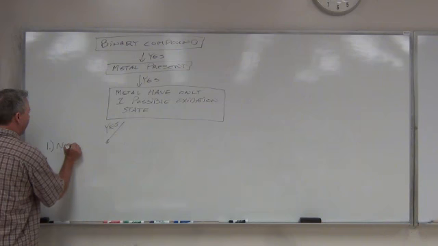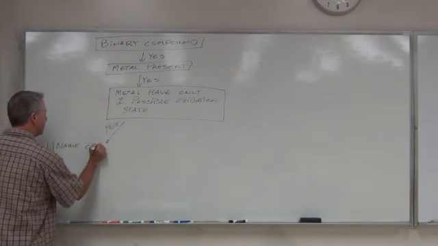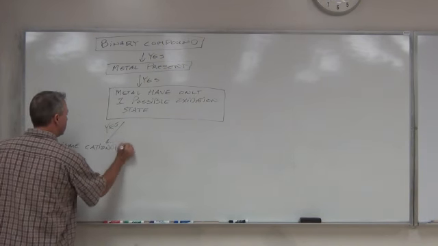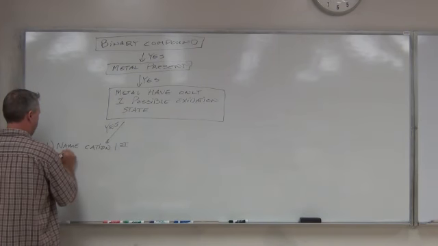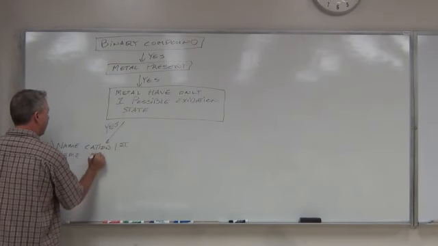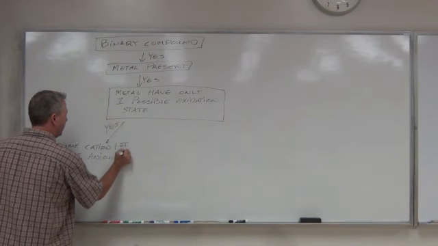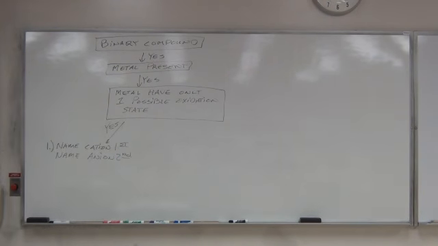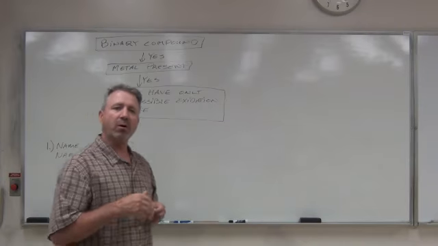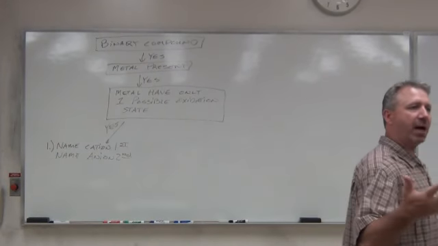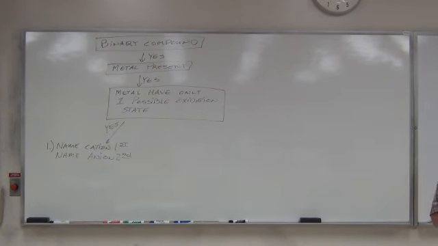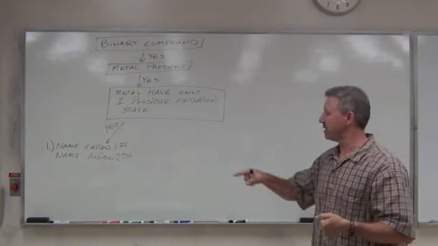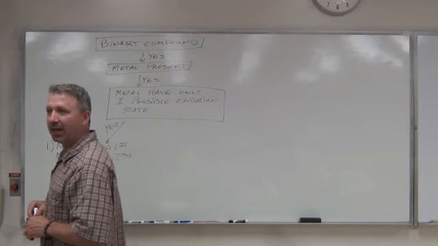we're going to name the cation first. Name the anion second. And that's okay, because that's the way we wrote them. Remember when we were writing our formulas for aluminum and oxygen and magnesium and chlorine? We always wrote the metal first, the cation, and we wrote the nonmetal second. So the cation is written first, it's named first. The anion is written second, named second.